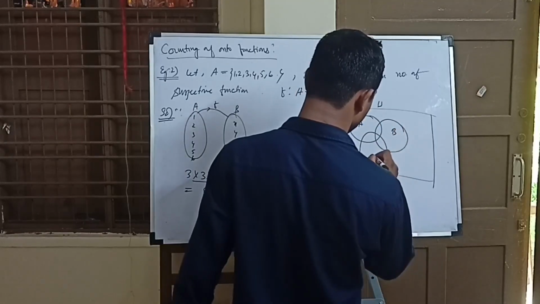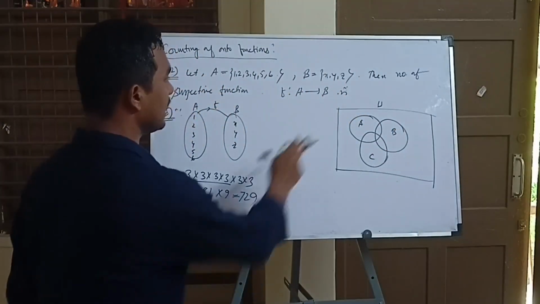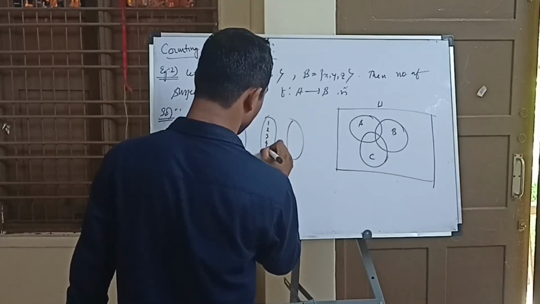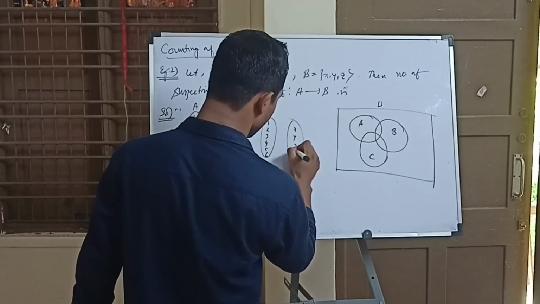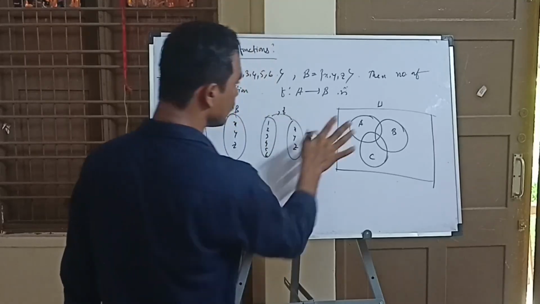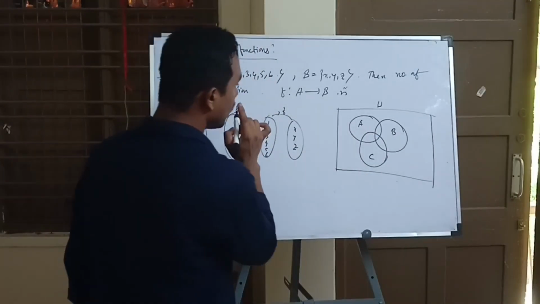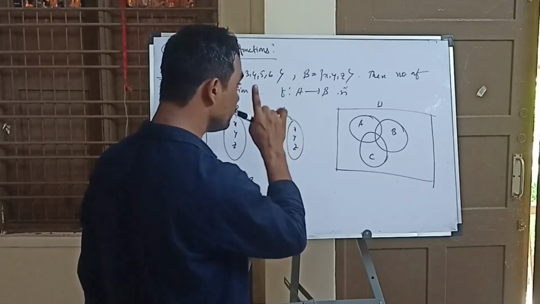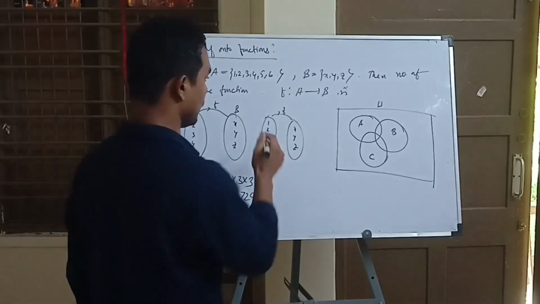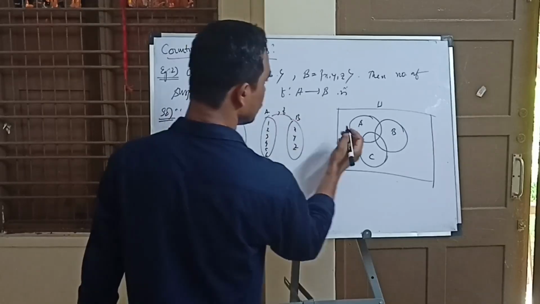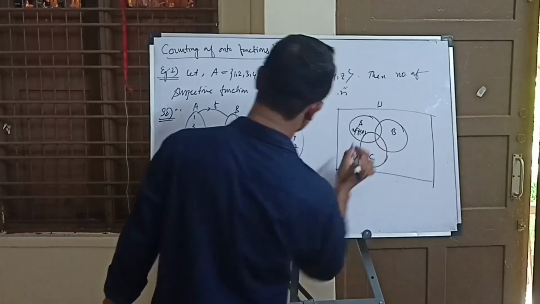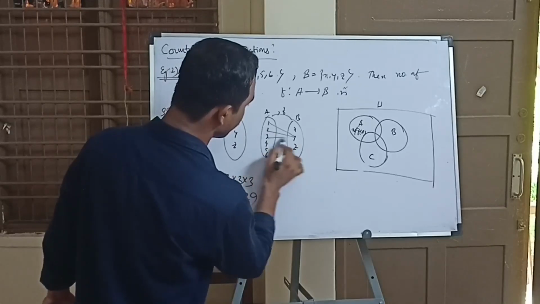A, B and C. A contains those kind of functions 1, 2, 3, 4, 5, 6, x, y, z. A contains those kind of functions where x does not belong to the image of A. Right? That means this kind of functions.